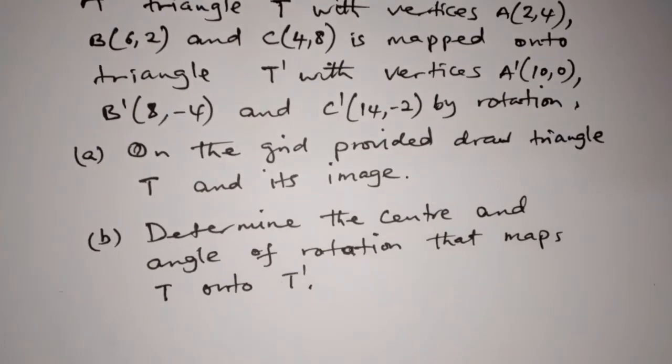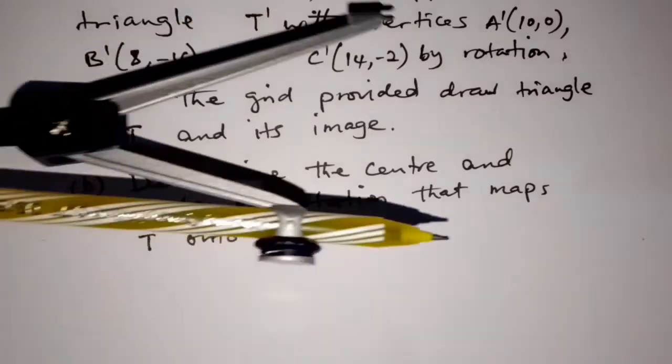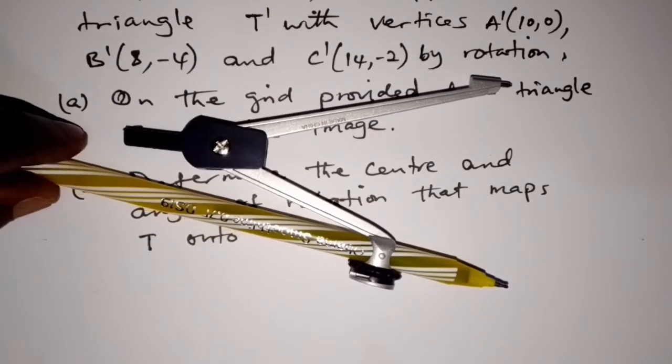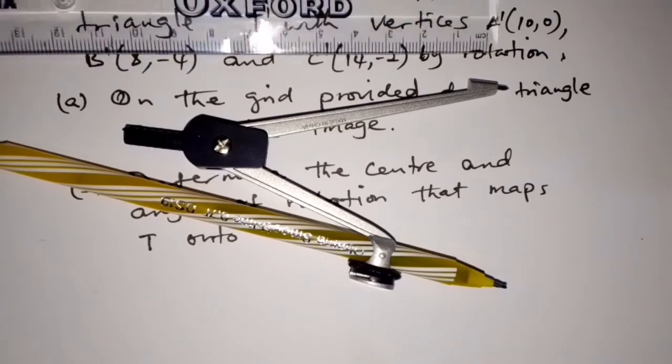So here, in this problem, we are going to use a pair of compasses, a ruler, and a protractor.